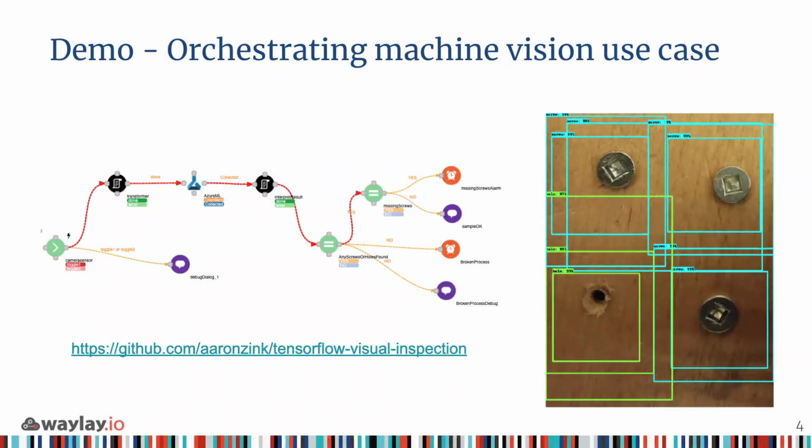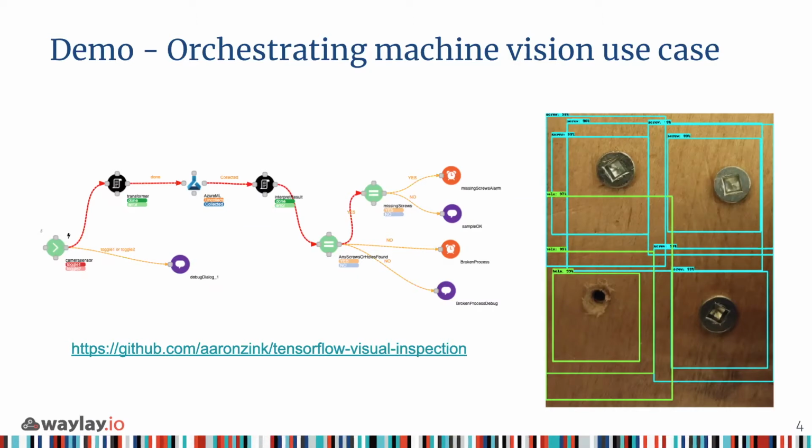Here we are using Waylay to orchestrate a computer vision or machine vision use case, where you have, for example, a camera on a production line capturing an image and monitoring the output of the production line visually to check whether it is performing as it should.